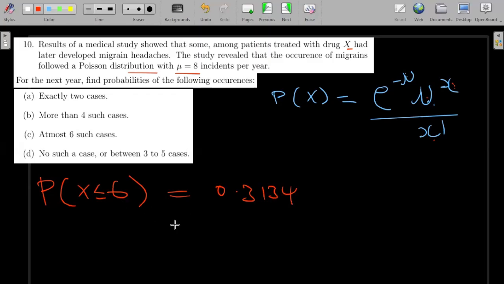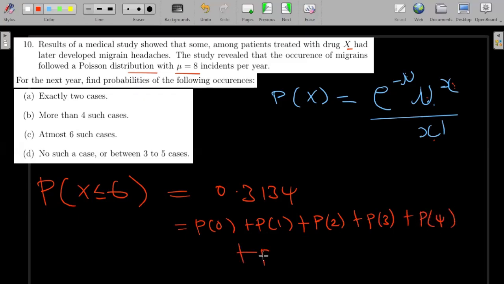So what you do here is you find the probability of 0 plus the probability of 1 plus the probability of 2 plus 3 plus 4 plus 5 plus the probability of 6. It means in this formula, you replace 0 there, you place 1, you place 2, just like that. So the final answer that you're going to get is this.